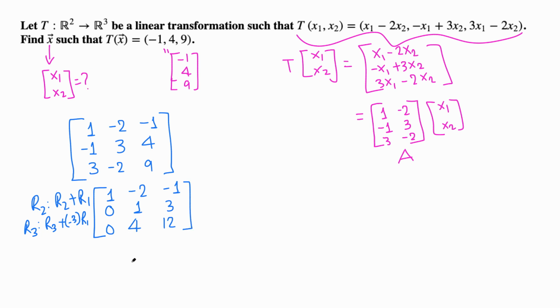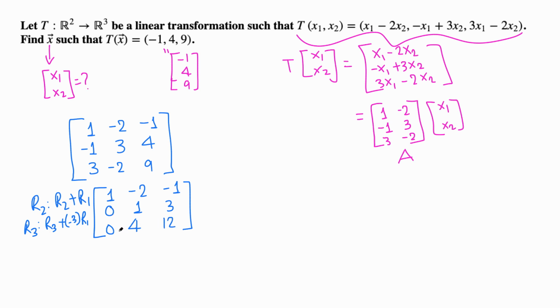Okay, look at rows 2 and 3, because 1 times 4 is 4, 3 times 4 is 12. So in fact the third row is 4 times the second row. When we try to make this 0, then this is going to be 0 as well.